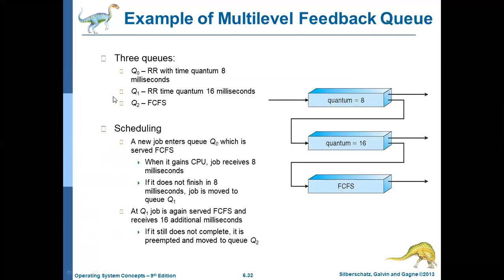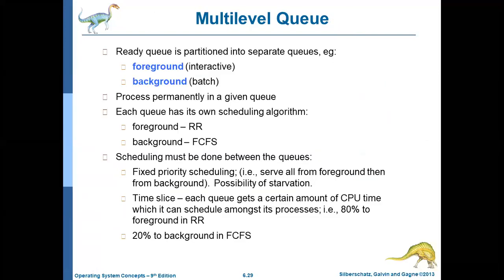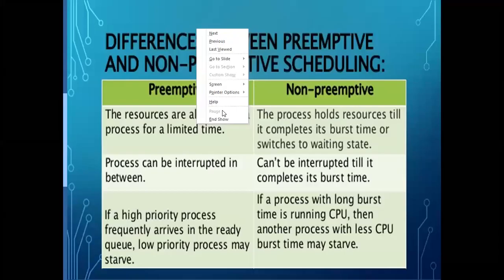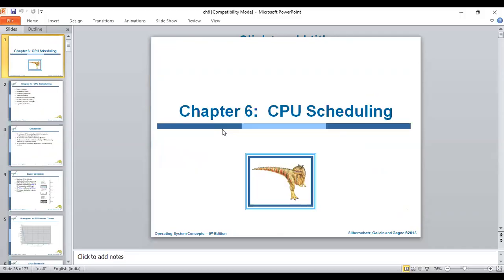With this, we have discussed 8 types of scheduling algorithms. One is FCFS, second SJF, third priority, SRTF, round robin, HRRN, multi-level queue scheduling, and multi-level feedback queue scheduling.